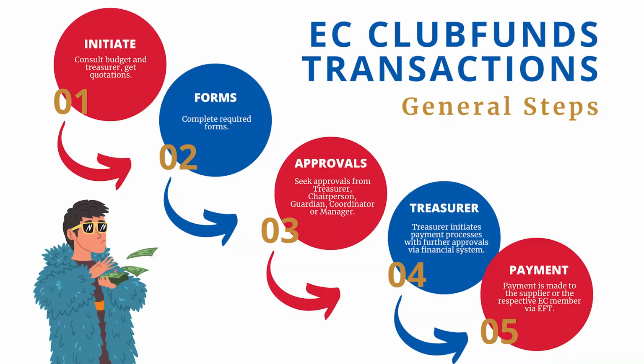Now, an expense report is essentially a directed EFT payment to a specific supplier. So this means when you submit an ER, you're instructing the university to pay a vendor directly for goods or services you've acquired. Crucially, these expense reports can also be used to process claims by EC members who were authorized to spend their personal funds on behalf of the structure.